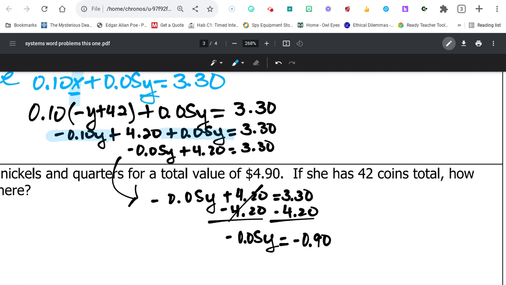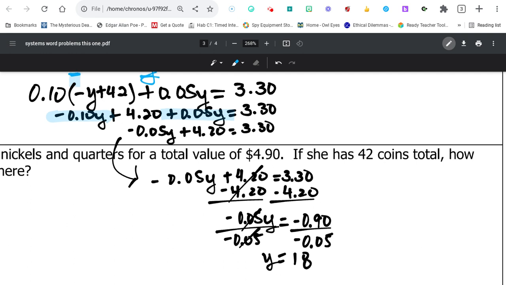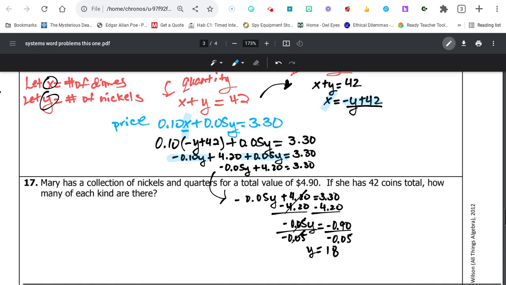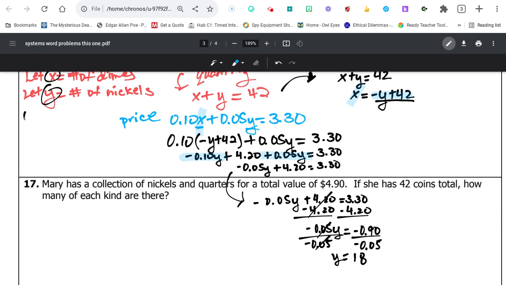And you're going to divide both sides by negative 0.05, a negative nickel. And just think, how many nickels make 90 cents? 18 of them. So Y is 18. So 18 nickels.